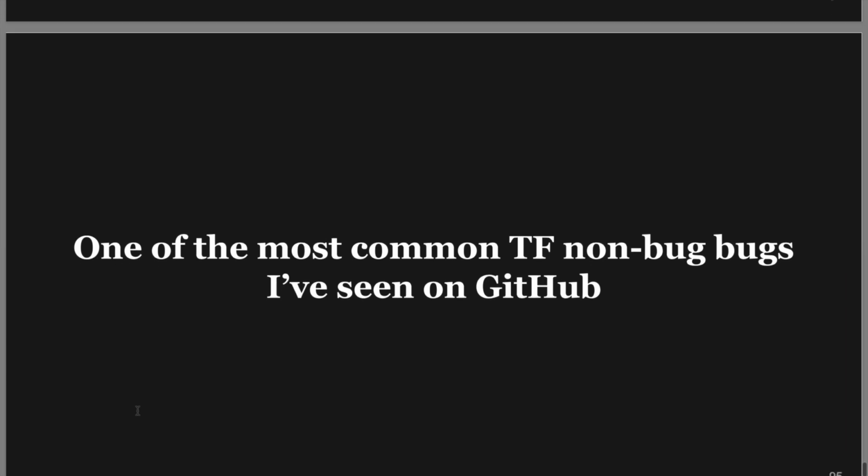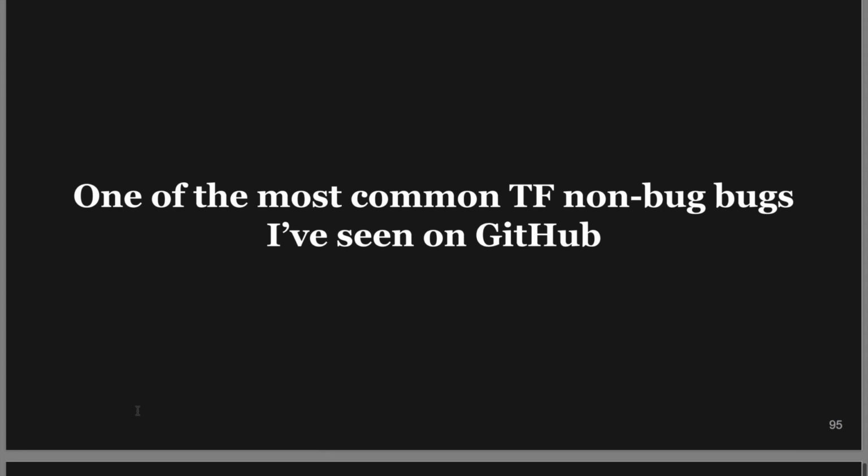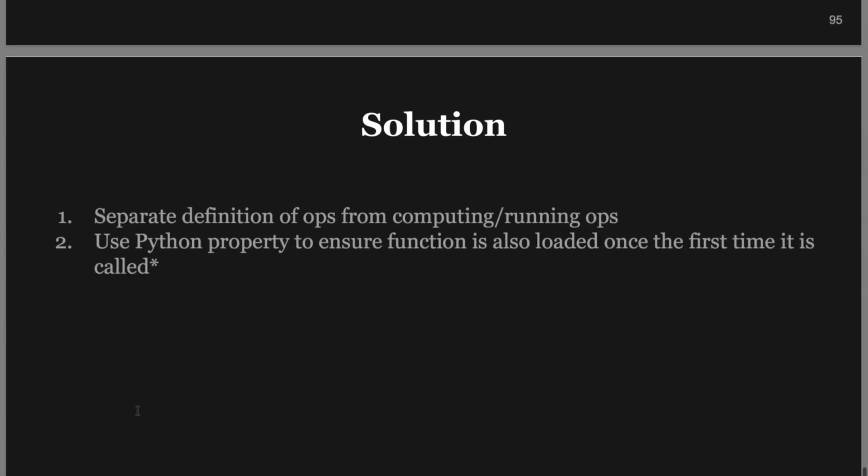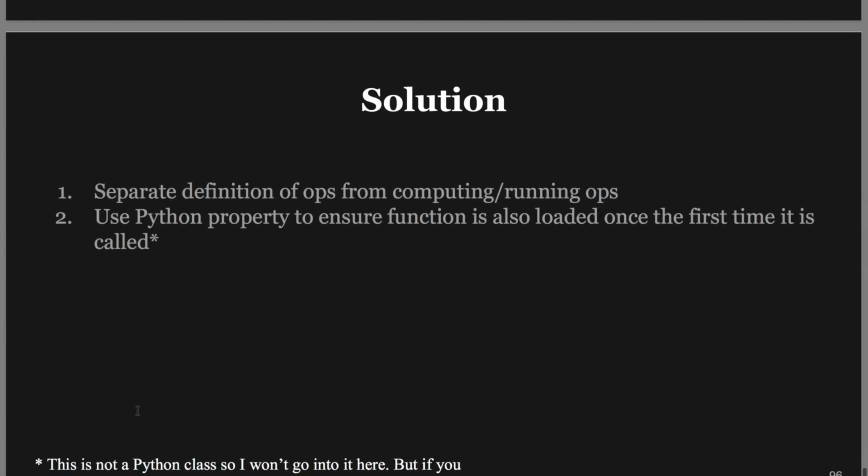So this is one of those things which is not actually a bug per se, but it's a bug because it can cause problems with bloat, etc. So the way you get around this is to separate the definition of ops from computing and running ops. So what do we mean by that?